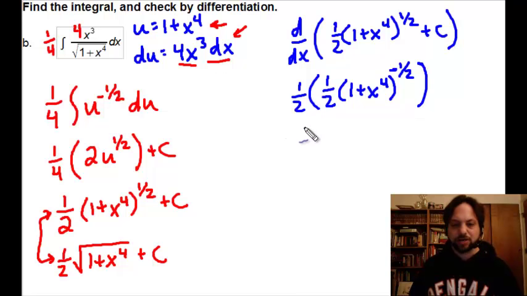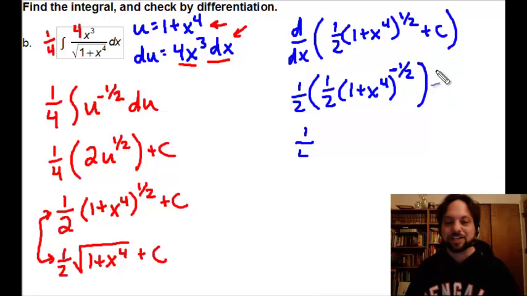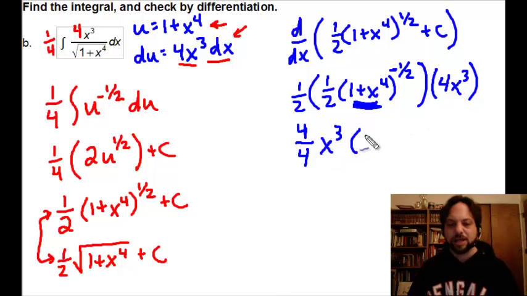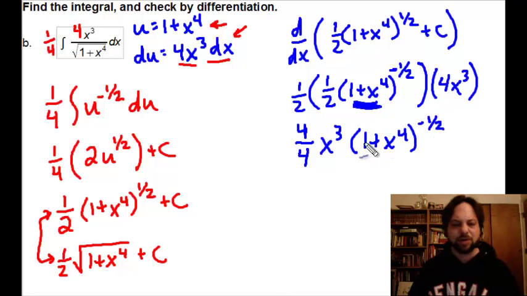So, let me work this out. It looks like I'll have, oh, wait a minute. I forgot something, didn't I? Gotta be very careful. I forgot the chain rule. And the chain rule is going to be the derivative of this inside part, which is 4x cubed. So now let me put this all together. These two 1/2s give me 1/4. And this 4 over there actually gives me 4/4. I do have my x cubed, and then I have 1 plus x to the 4th to the negative 1/2 power.